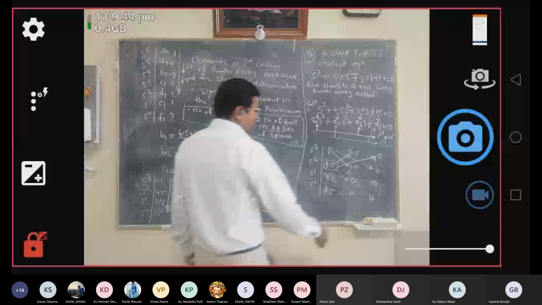Then similarly the second element: 1.5 into 5 minus 1 into 10, divided by 1.5. So the second element will be minus 1.66. The third element will be 0.